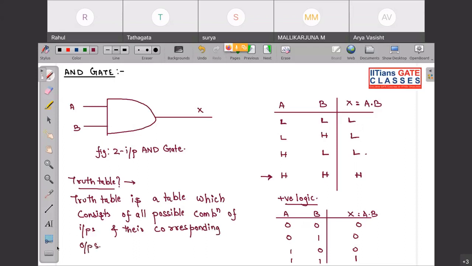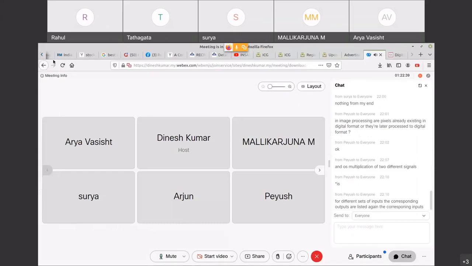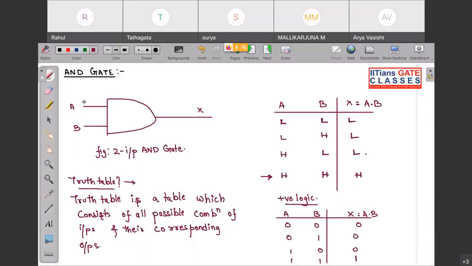Okay, so this is the simple definition of a truth table. For different sets of inputs, the corresponding outputs are listed. Yeah, very good, Piyush, very good. Okay, so this is your truth table.